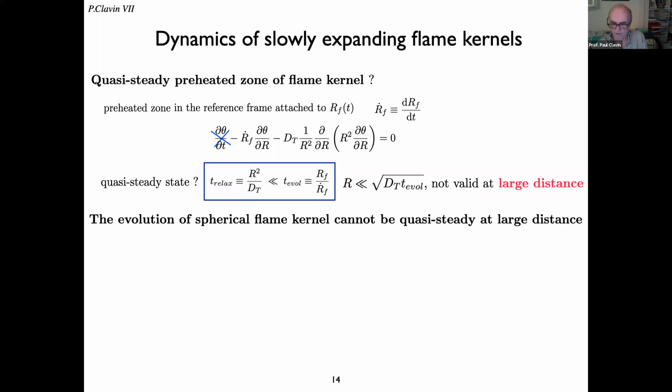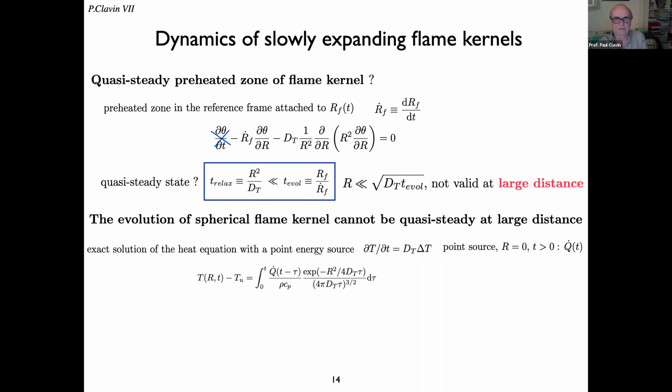So this was noticed by Guy Joulin some years ago, and it turns out that there is an exact solution of the heat equation when you have a point energy source, where you have a non-zero rate of heat release at a point.